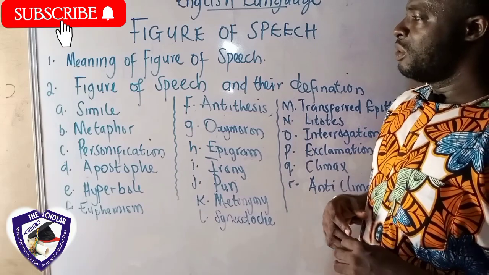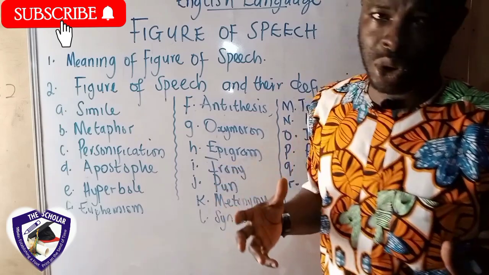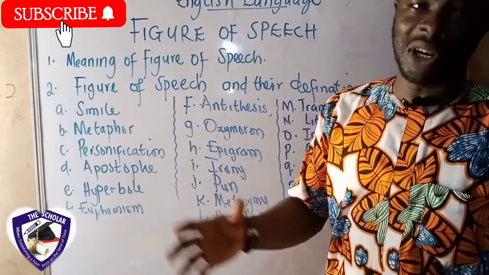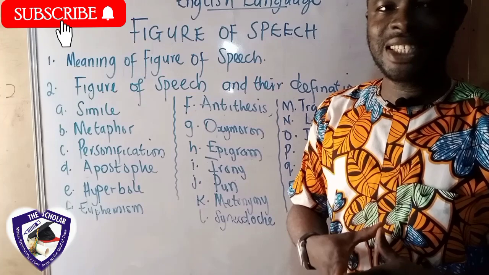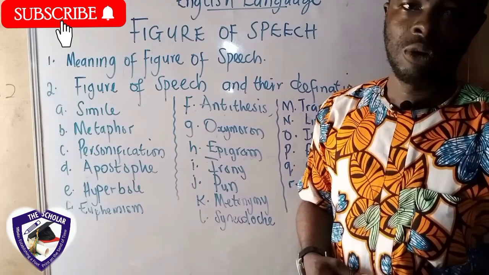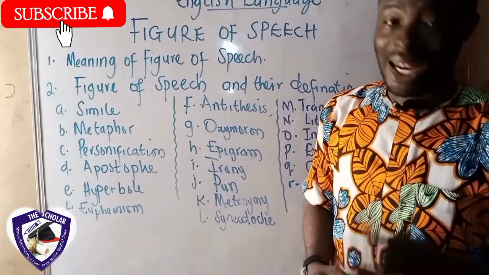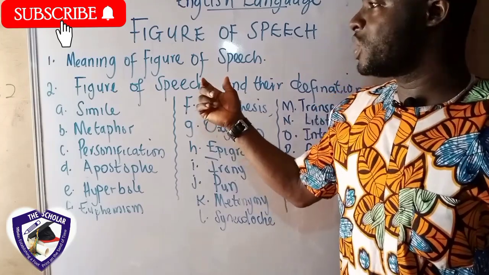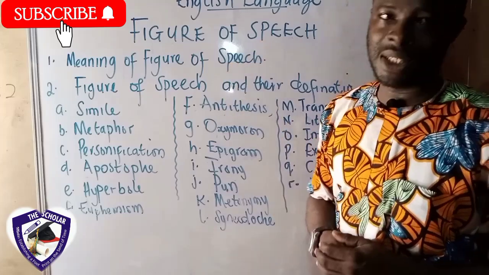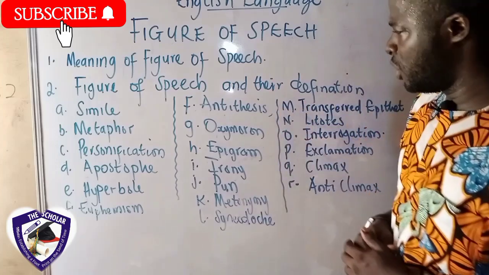Before that, we need to understand that for expressions to actually take their proper shape, there's need for some ingredients that will bring it real for people to better appreciate when it comes to reading. And that is why figure of speech is of serious importance. But let's look at the figures of speech and their definitions.